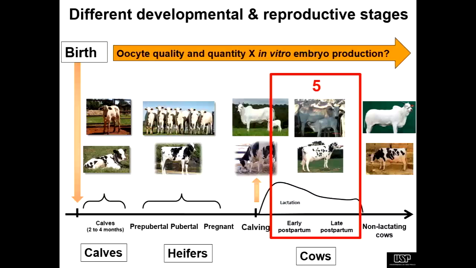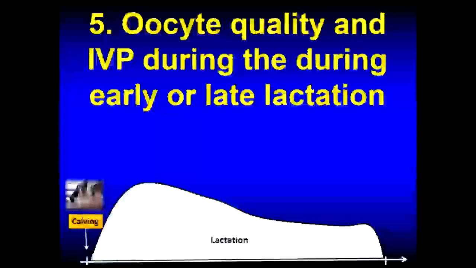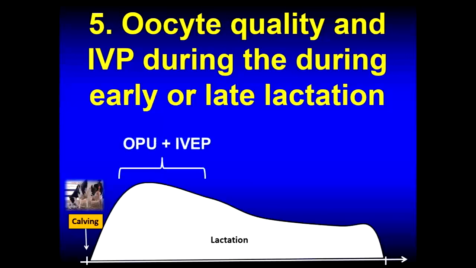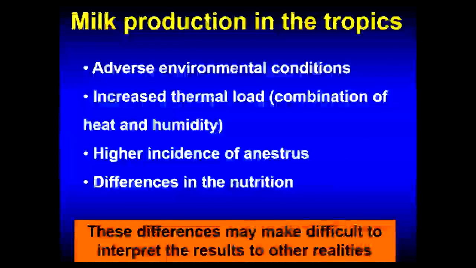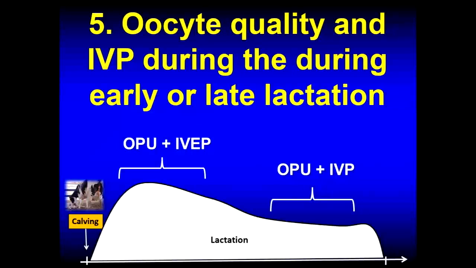So now I would like to talk to you about early postpartum and late postpartum. This is a problem that we have in Brazil, mainly in Holstein. What we did, the OPU in this phase here, in the early lactation and late lactation, the same day, same situation, using the same personnel and semen and labs.